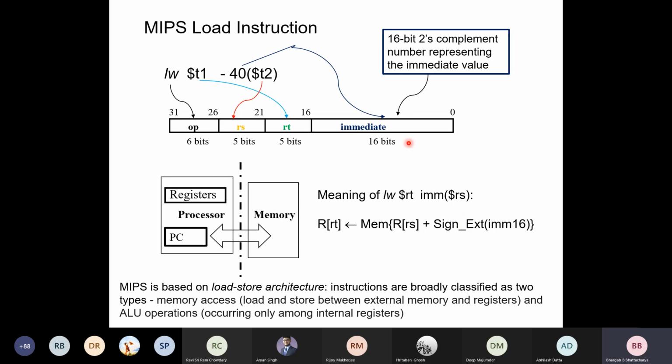Add the offset value to the content of this register to form the address of the memory location, then access memory by passing this address, retrieve the content of that memory location, and store the value in the destination register. So symbolically, it can be written in a short form like this. All right.